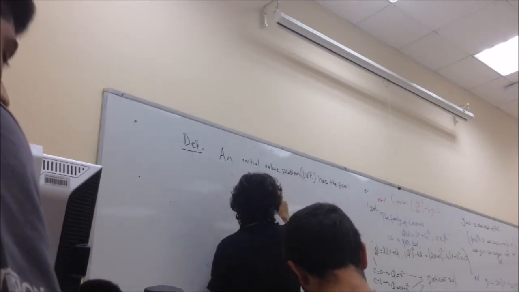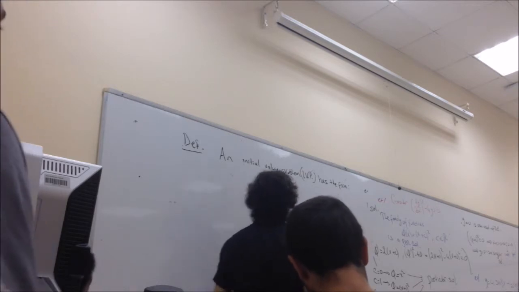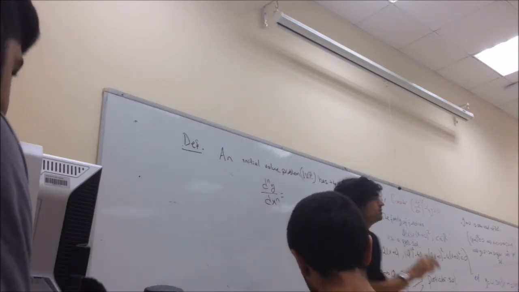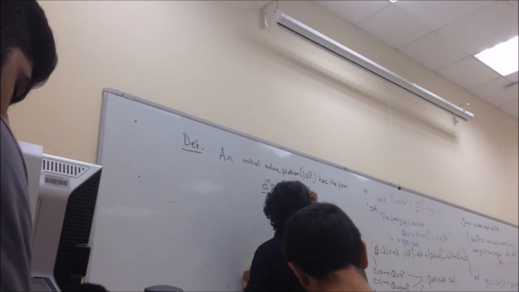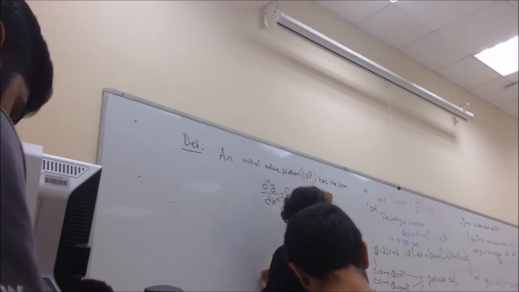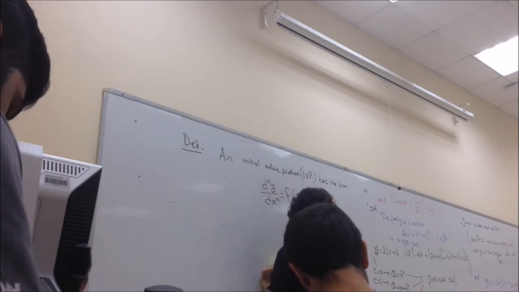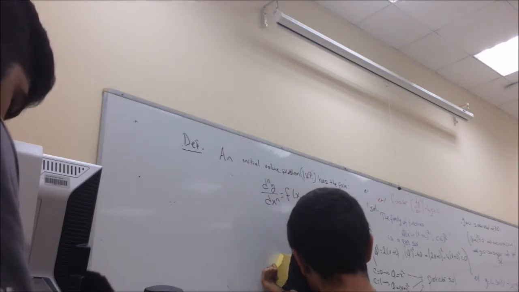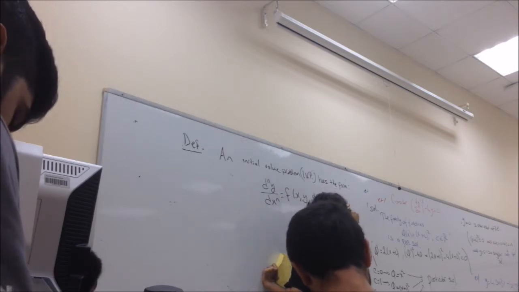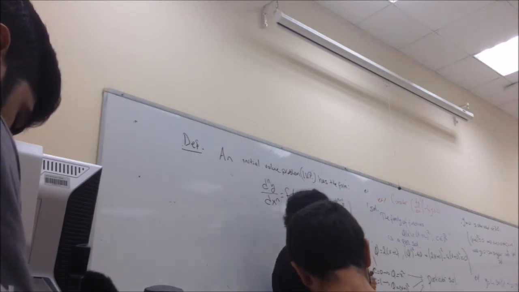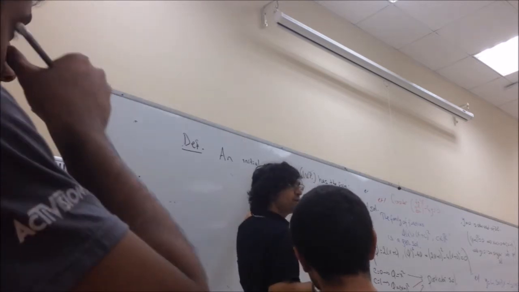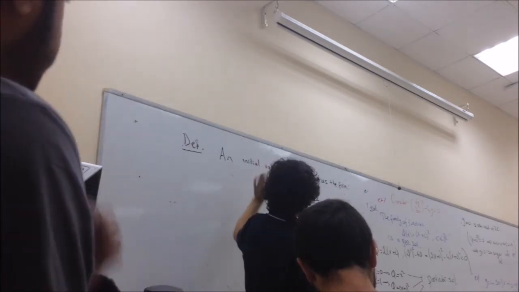I write it in the Leibniz notation. The nth derivative is equal to f of x, y, y prime, up to the n minus first derivative. It's important though that the nth derivative, the highest derivative, is separated from the rest.